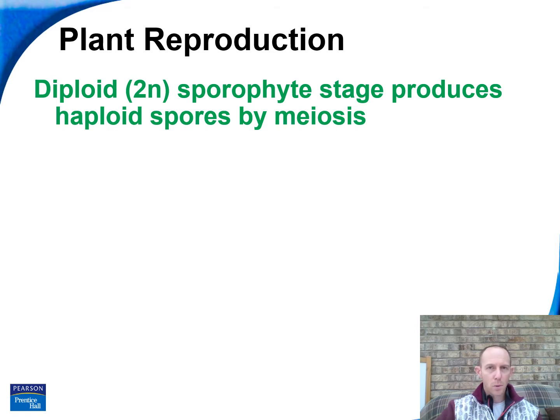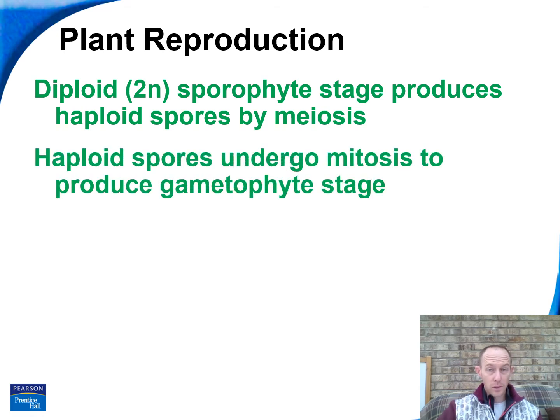So all plants make spores in some form. What does that spore do? Well, those spores divide. They go through mitosis to make something called the gametophyte stage. That's number 6. The spores undergo mitosis to make the gametophyte stage, which leads us to number 7.